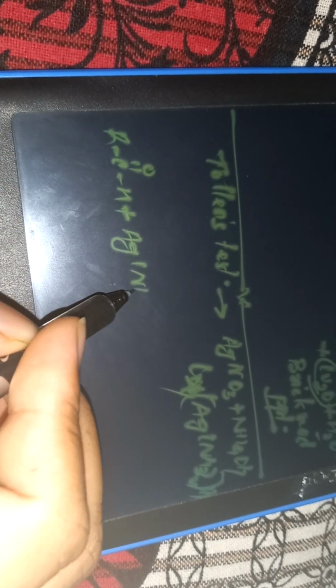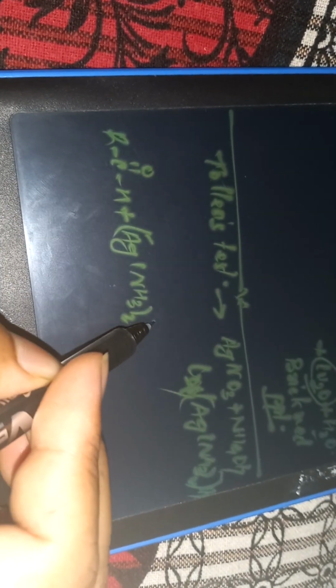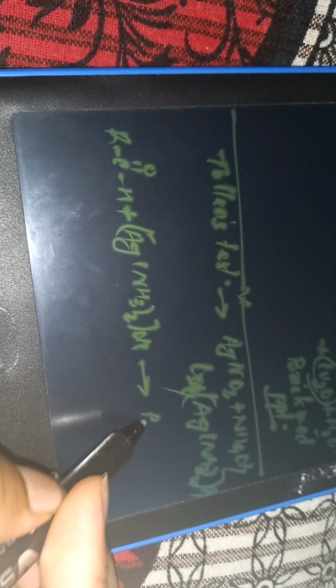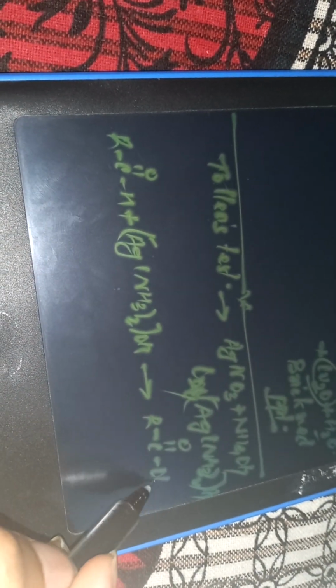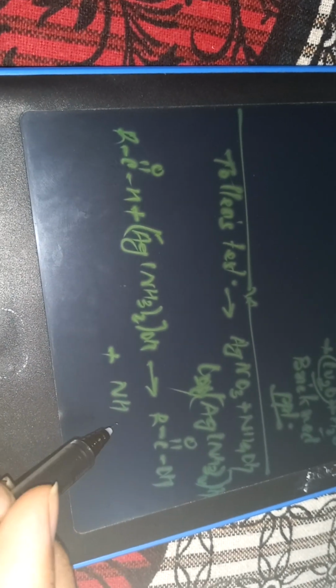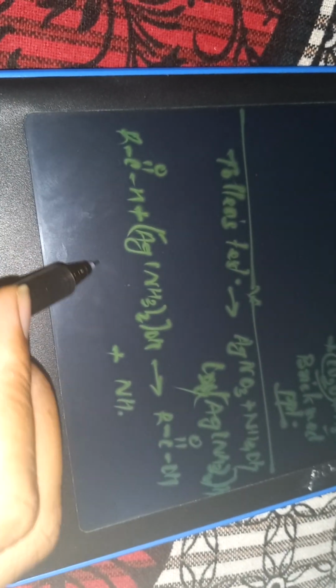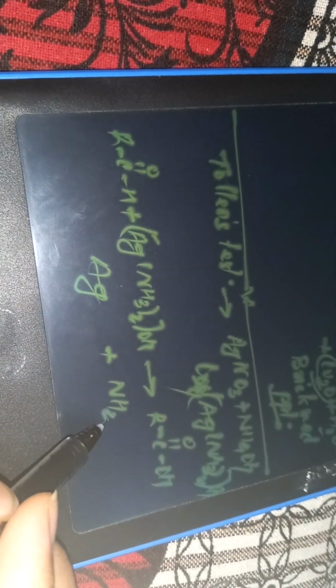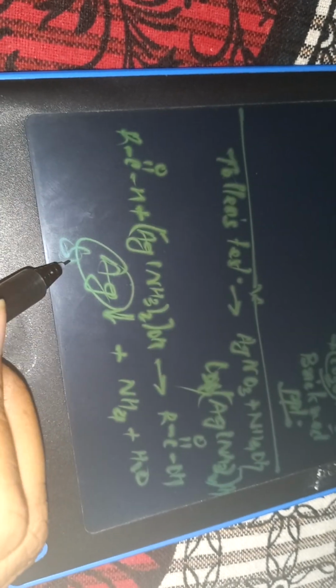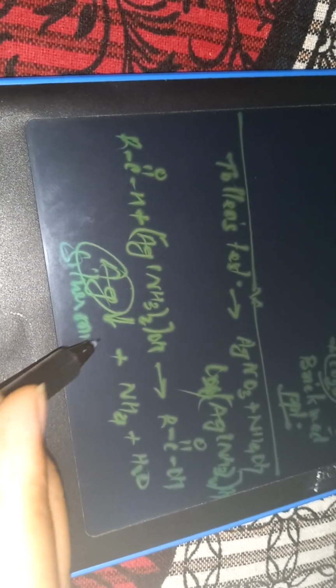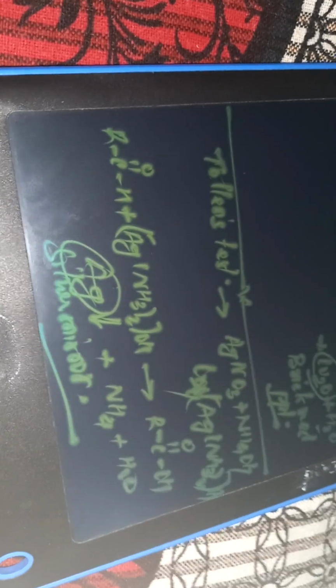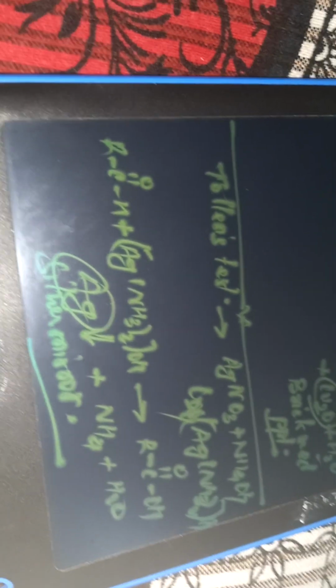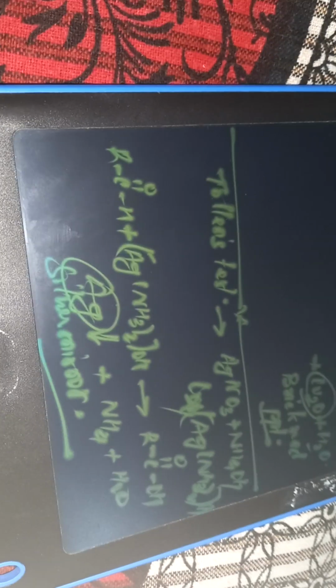Now if you react R-CHO with [Ag(NH3)2]OH, then it gives R-COOH plus NH3 plus Ag. This Ag will give the silver mirror. That's all. From this you can easily detect that this compound is an aldehyde.